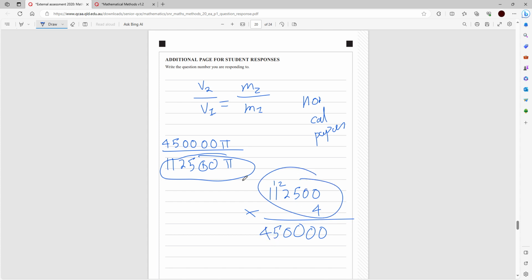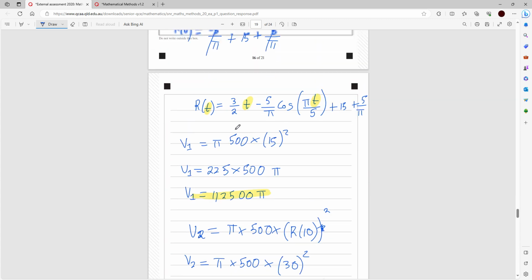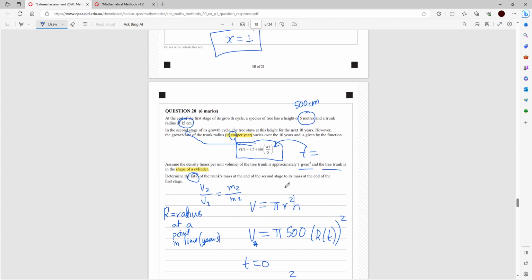So this number here is exactly a quarter of this. So this answer should be 4. So it's increased by 4 times. And that is the answer to this question, 4, simply. That is their ratio, 4.